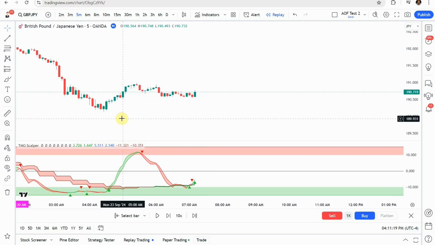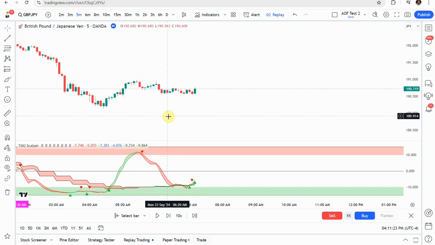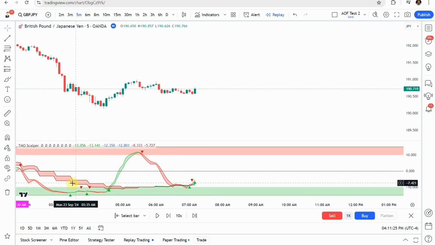And so what we're looking for in a long trade is when the TMO3 line, this one right here, you can kind of see it stair-stepping in red right here. We're looking for when it is green. It's kind of hard to see, but it's kind of buried behind the TMO1 line, which is this faster one right here.